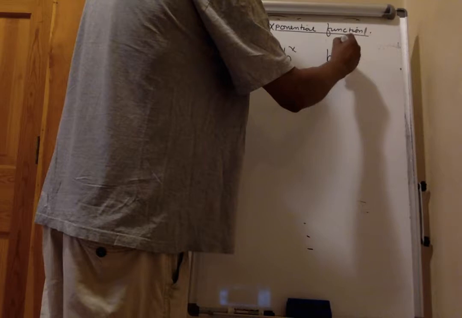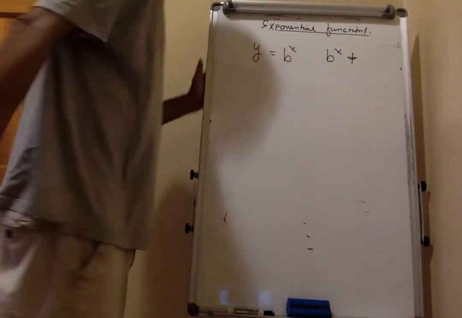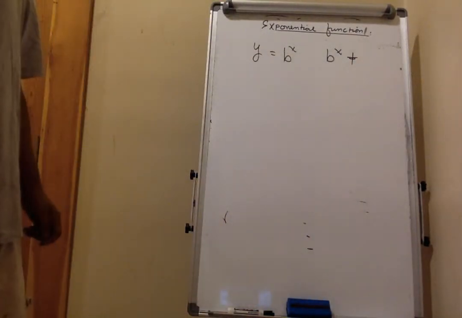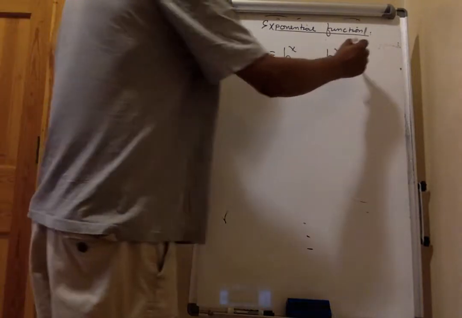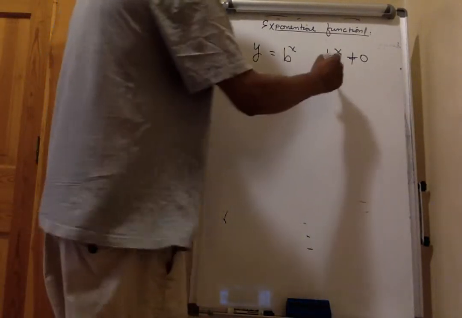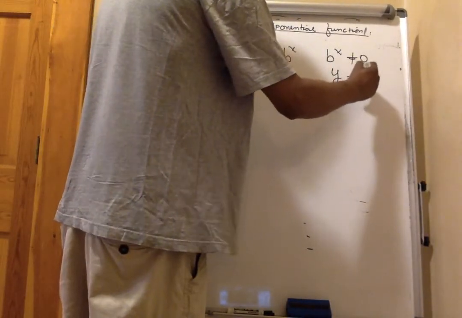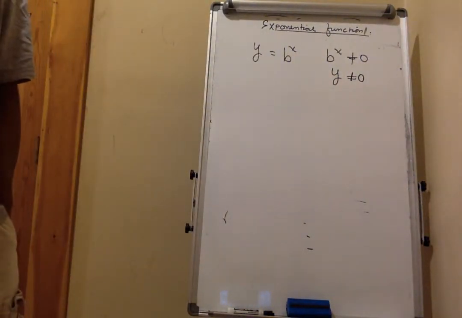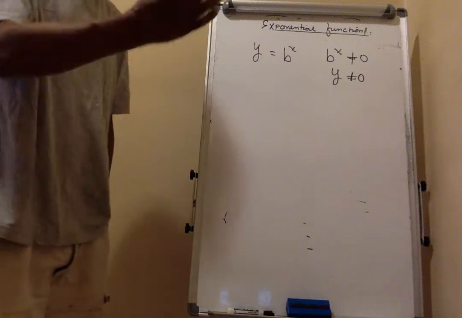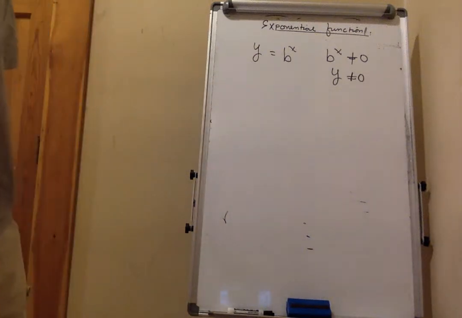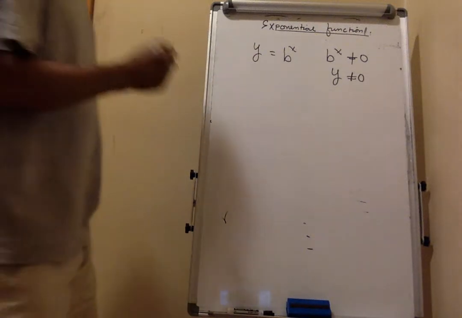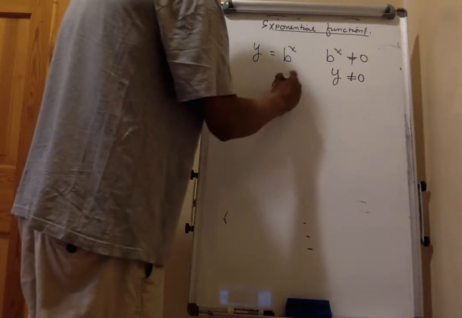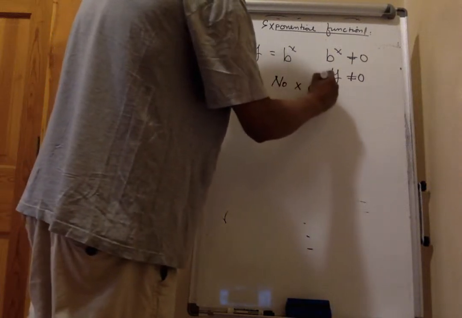There is no b to the x, such that b is raised to the power of x, which gives us 0. Therefore, y cannot equal 0. Okay? This is true for all exponential functions unless there is a shift. So, what can we say? No x-intercept.